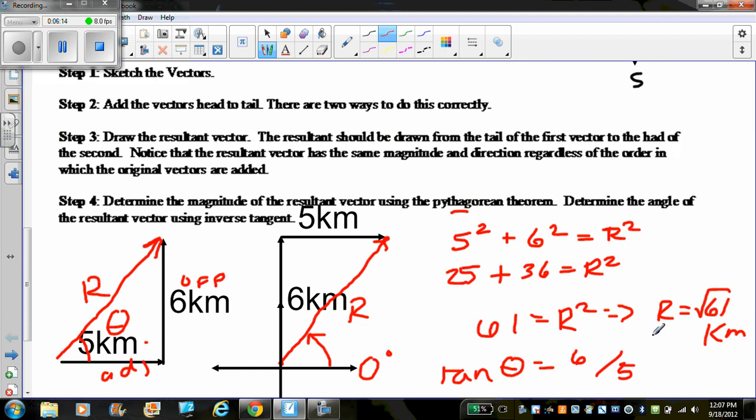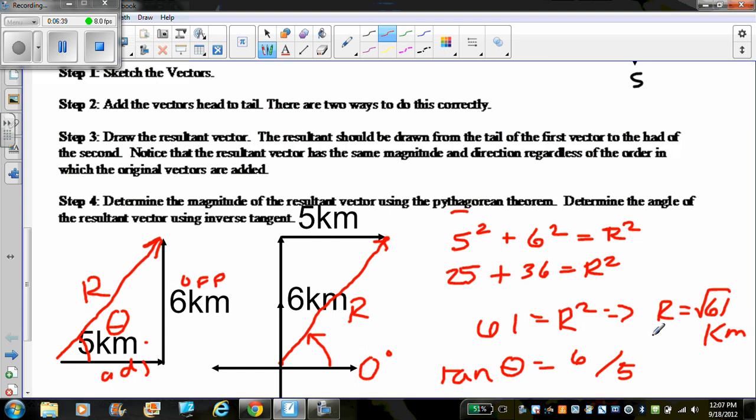Then I would get out my calculator. Make sure your calculator is in degree mode. I'm going to type in inverse tangent of 6 divided by 5, and I get that I'm not in degree mode. Let's try that again.